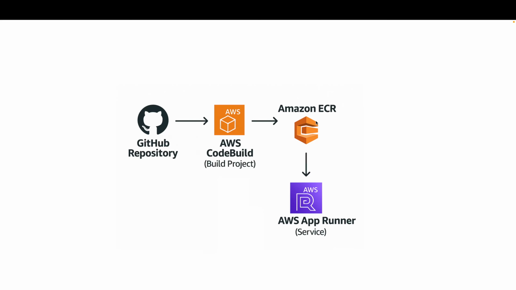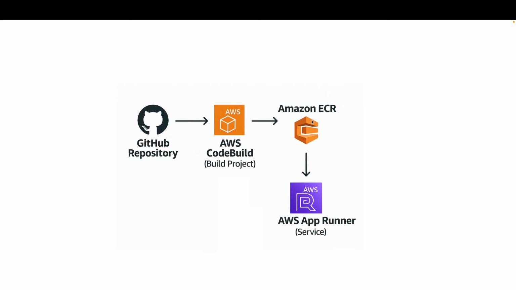So I will create another video for step 2, which will be from ECR to App Runner. That will be the next part I will create in a separate video, so it will be a two-part video. One will be GitHub to AWS to ECR, which is just now.